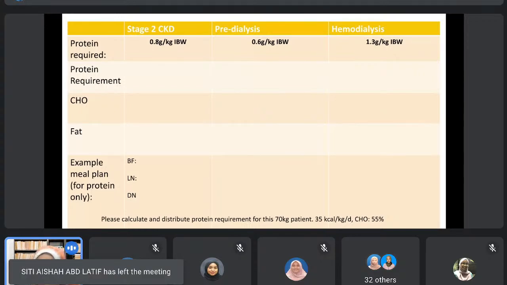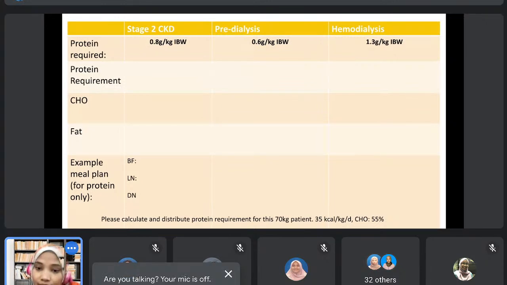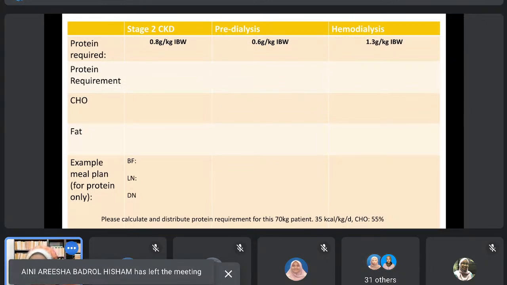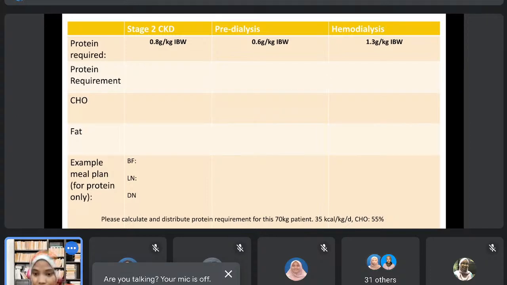Emmanuel. Kenapa 36? Ada ke tak ada? Emmanuel, pre-dialysis aku guna untuk 20 fat.